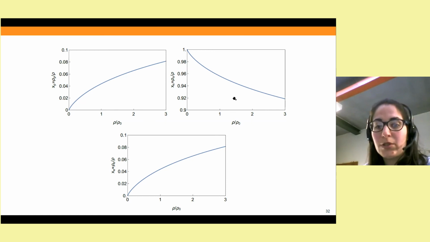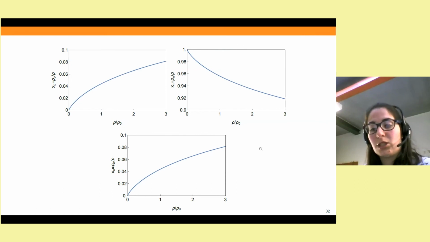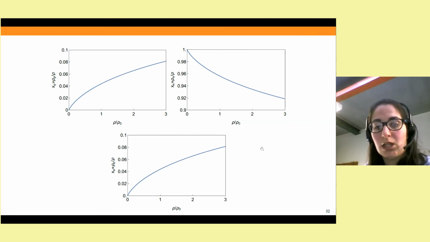Okay. And because of charge neutrality, we see that for the electron fraction, we get exactly the same amount of electrons and protons at each density. Okay, yes, because it's what we need to ensure charge neutrality.